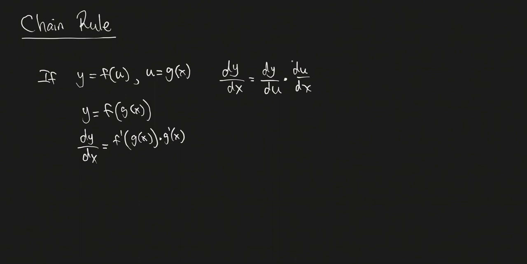And even though we don't really use this form when we're working with just a function of a single variable, when we get to a function of several variables, this form is what we need to keep in mind.